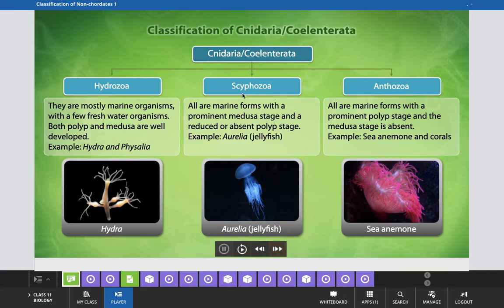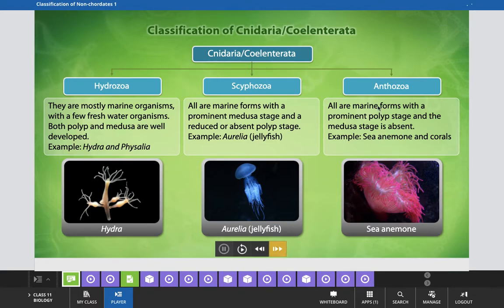Scyphozoa, all are marine forms with a prominent medusa stage and a reduced or absent polyp stage. That means in this class the polyp form is absent, and they are found only in the medusa stage. Example is Aurelia or jellyfish belonging to this class.